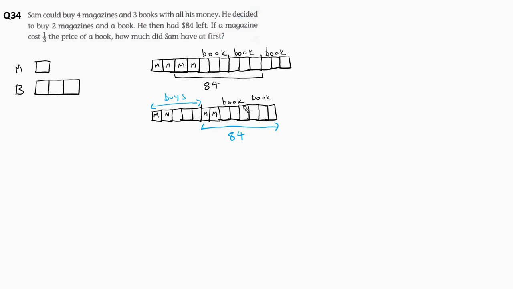Here we have 2 magazines, 1 book, 2 books. But here we've marked out the 2 books and 2 magazines that he doesn't buy, even though he could have. So hopefully you can see that we've now got this 84, and we know that these equal parts together have a value of 84.